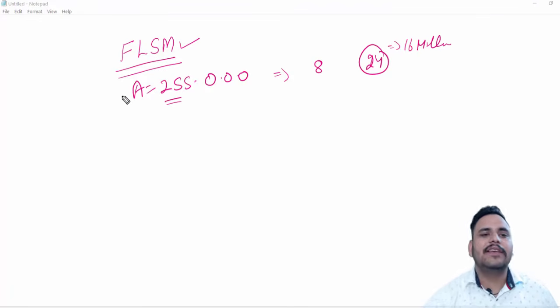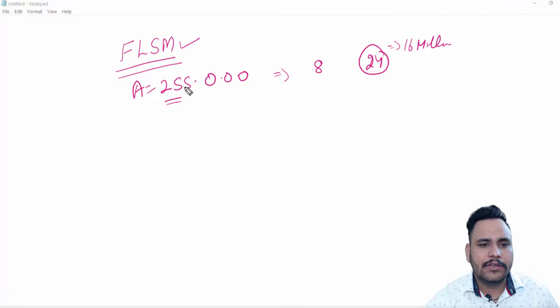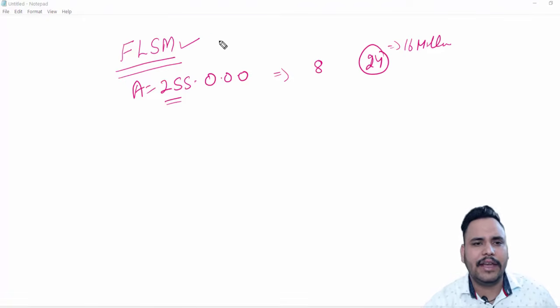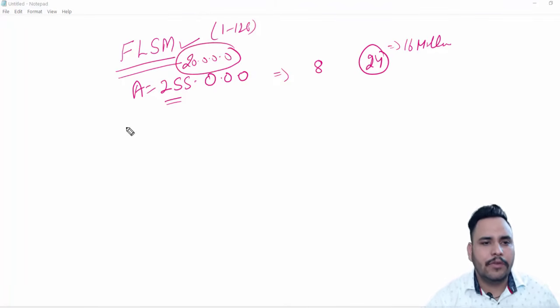So in FLSM, what do we need to find? We need to find from the IP address. This is the subnet mask. I'm taking any IP address from 1 to 126, like 20.0.0.0. This is my network. So what do we need to find in FLSM?